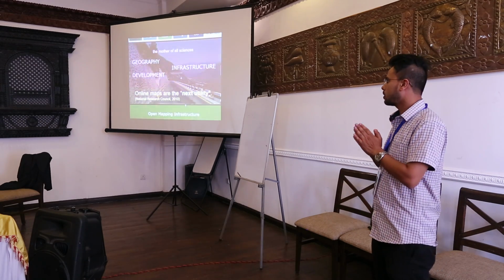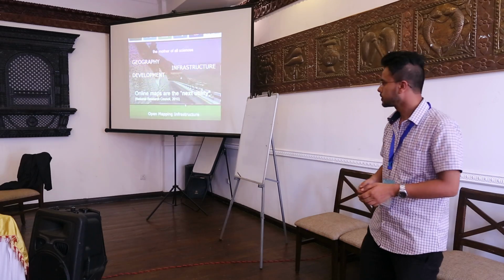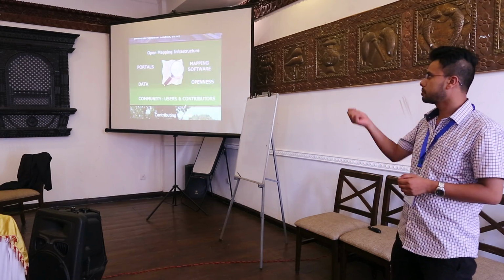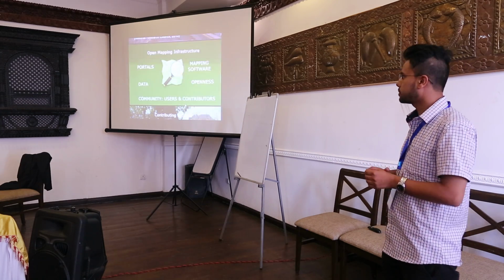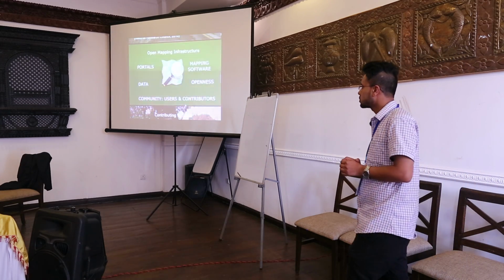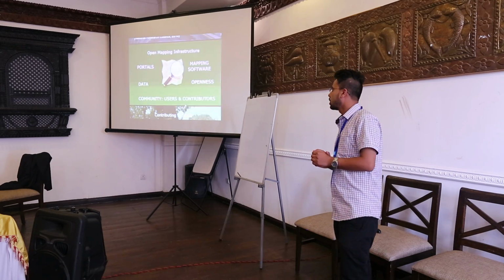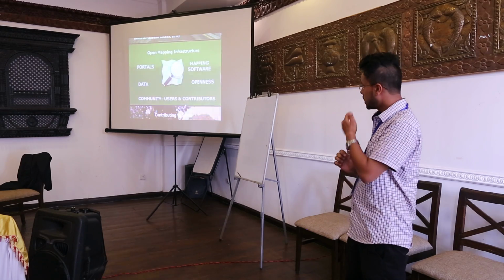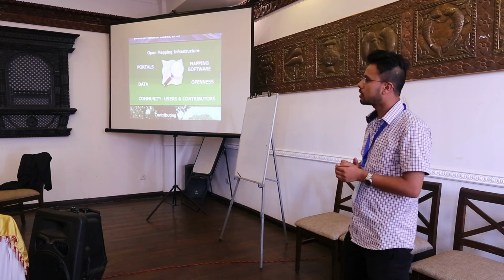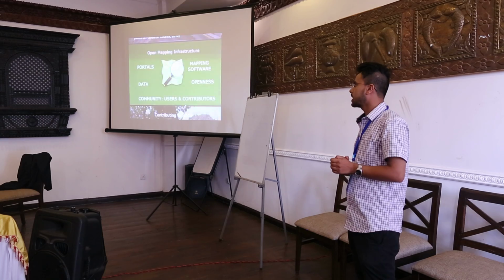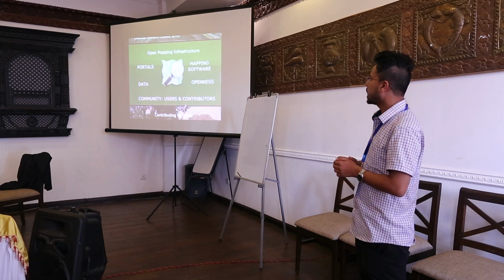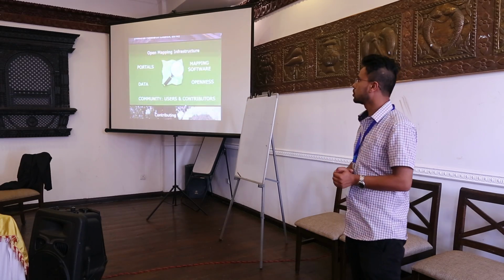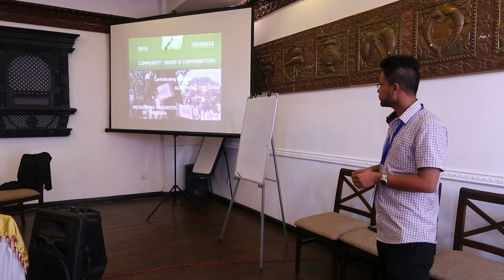And when we are talking about open mapping infrastructure, it's not only about the portal that we use to access the open map or the digital maps, it's also about the mapping software, it's also about the data, it's also about the community who makes the maps, who uses the maps, and finally it's also about the codes of openness that the community abides by. These all and possibly a few more elements make the whole open mapping infrastructure.